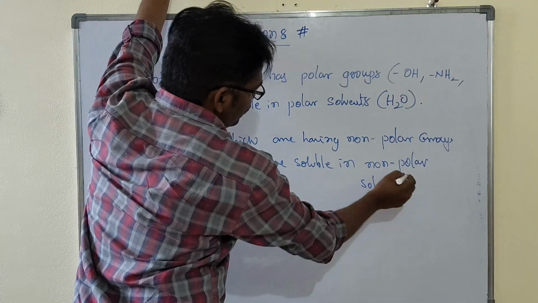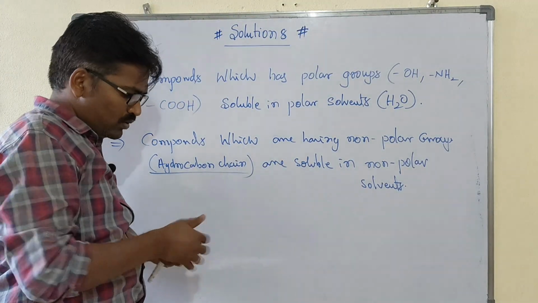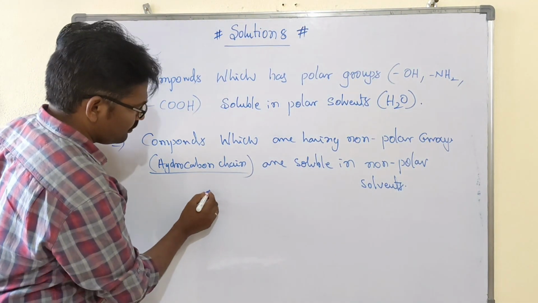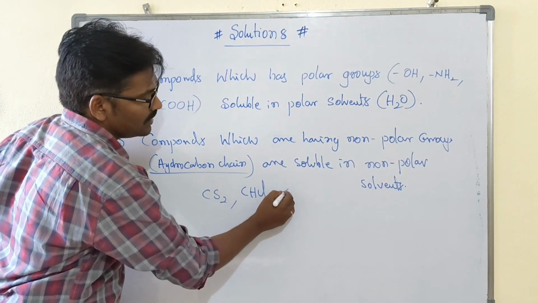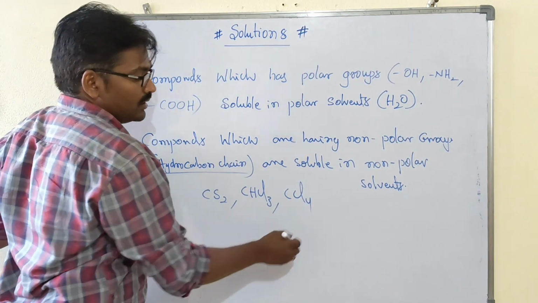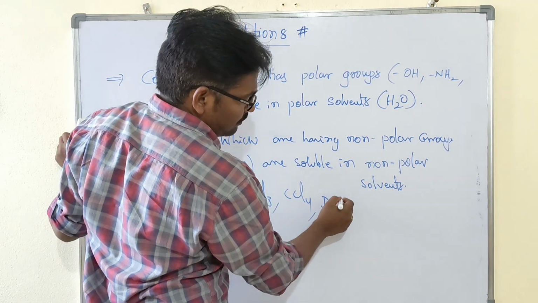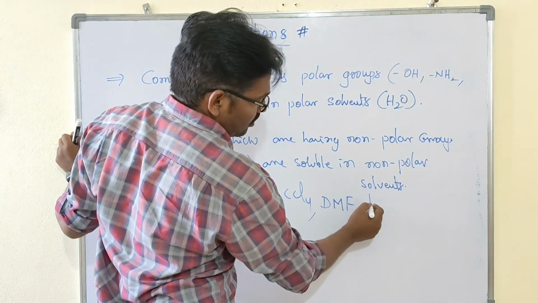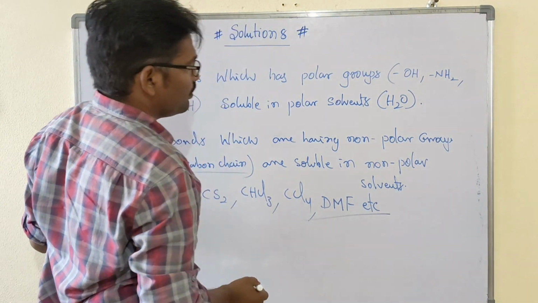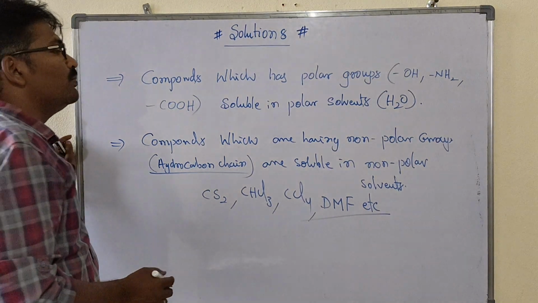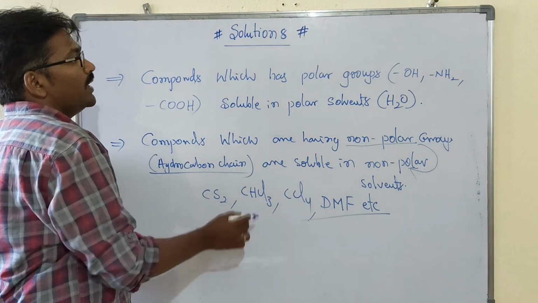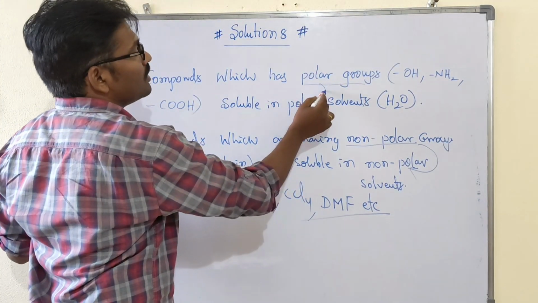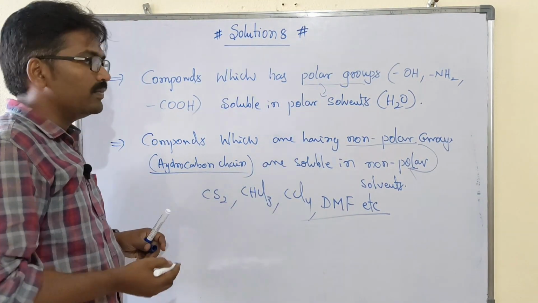So what are the non-polar solvents, sir? Non-polar solvents are carbon disulfide, then chloroform CHCl3, carbon tetrachloride, then DMF dimethyl formamide, etcetera. All these are non-polar solvents. So compounds with non-polar groups dissolve in non-polar solvents, and compounds with polar groups dissolve in polar solvents.